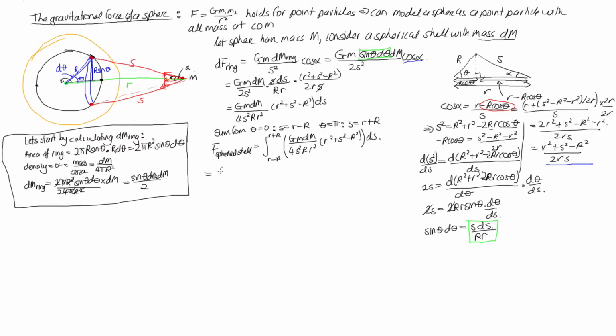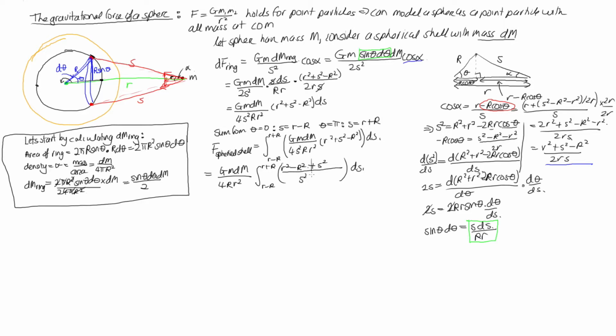And so we've got GM dm, and then here we've got 4R r squared. And now we're integrating from R minus r to R plus r of (r squared minus R squared) over s squared plus s squared ds. Okay, so let's split this up.